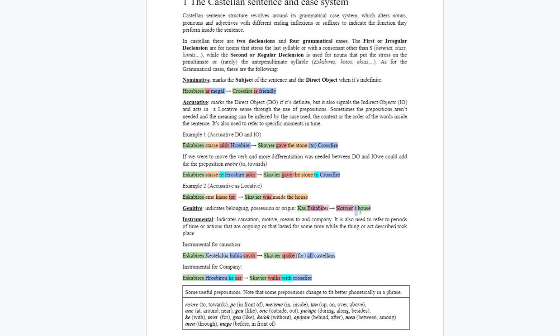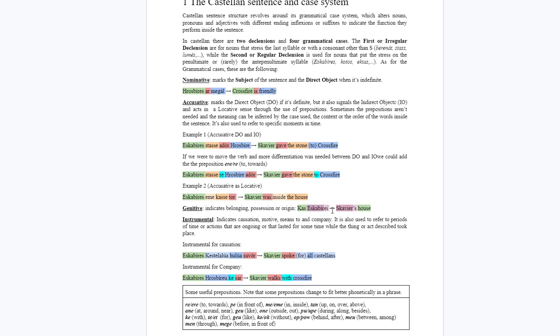Although now there are still remnants of these grammatical cases. In English we would say, for example, Scavier's house. Remember the original nominative form for the subject is escabires. But here it transforms to escavirei.